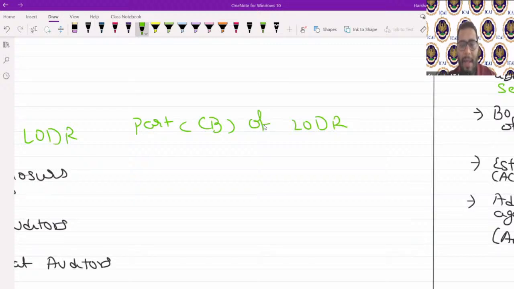Why I am discussing in detail is because the roles and functions of the audit committee are very important to understand, in order to ensure that these roles are complied with and that compliance with LODR is being done or not.